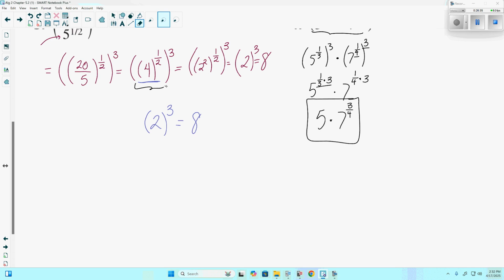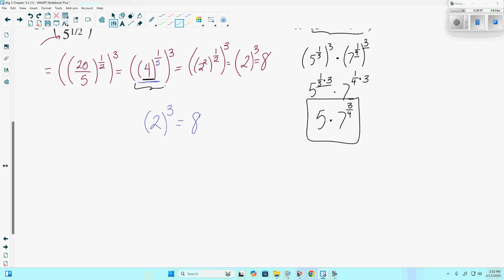Now, I will say that not every perfect square, because 4 is a perfect square, would be helpful. So I'm going to change it just in this one part. If we said that this was, say, 5, we're looking for a number times itself 5 times to give us 4. Well, there is no nice number.